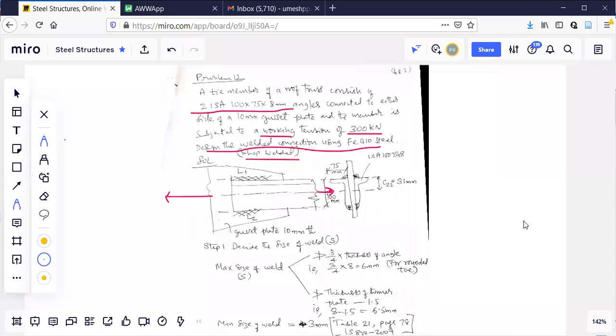Observe this. A tie member of a roof truss consists of two angles 100 into 75 into 8 connected to either side of 10 mm gusset plate, and the member is subjected to a working tension of 300 kN. This is the working force, it is not factored.